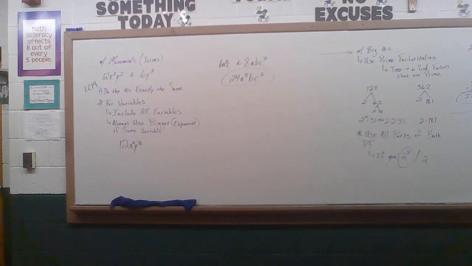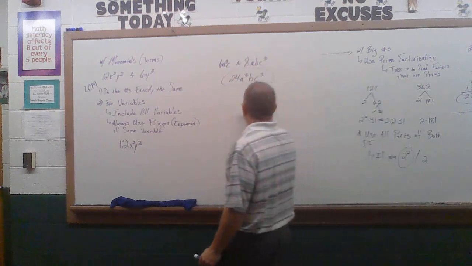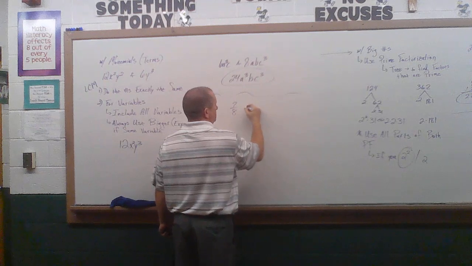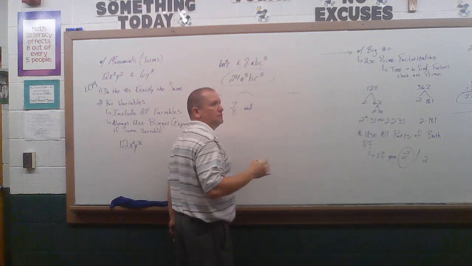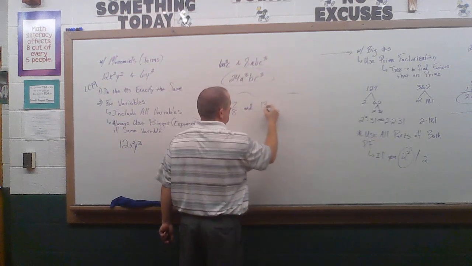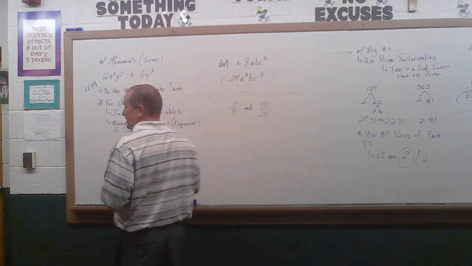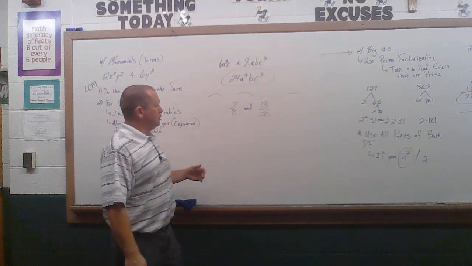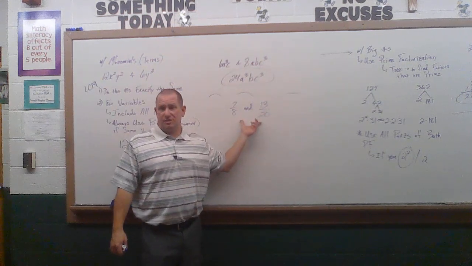Alright. So, what happens then if we have fractions like this? And we want to compare those two. Well, in all honesty, if you use common sense in this case, you probably could tell which is bigger, right?